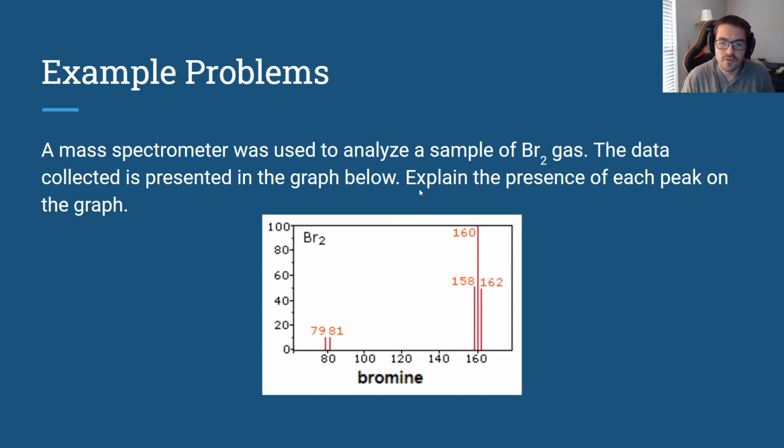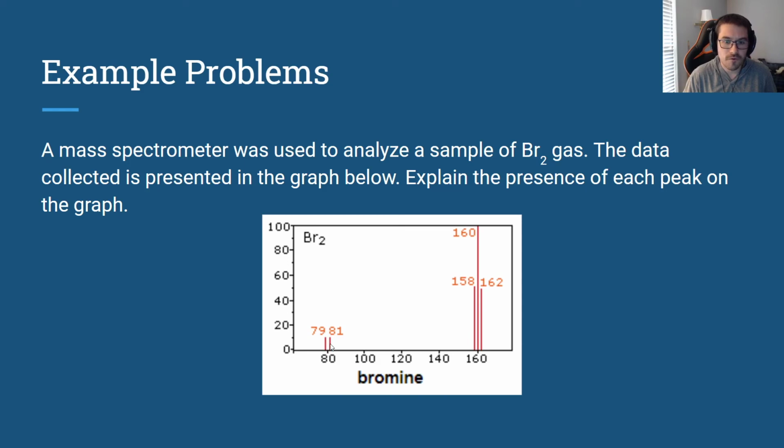So, for this question, explain the presence of each peak on the graph, your answer would not be a calculation or anything like that. It would be an explanation. It would just be you talking about why you think each of these peaks exist. These first 2 peaks come from just atomic bromine.